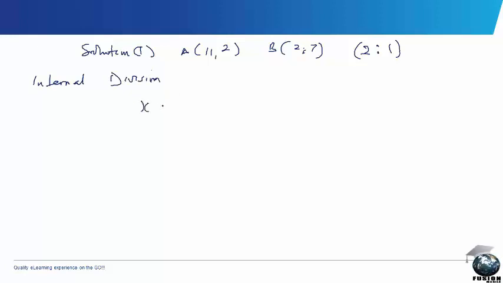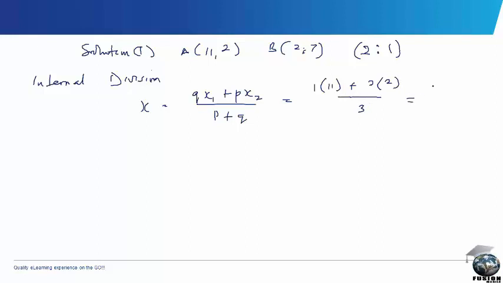Internal division on x is given as (q x1 + p x2) all over (p + q). This gives us 1 times 11 plus 2 times 2, all over 3. So 11 plus 4 over 3, which gives us 15 over 3, and here we have 5.